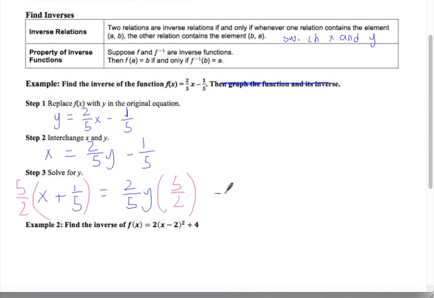So that would give me that y is equal to 5/2 x, and then 5/2 times 1/5 would be 1/2. 5/2 x plus 1/2.